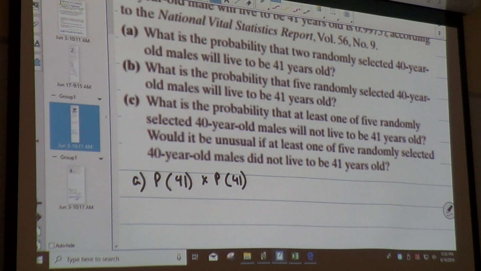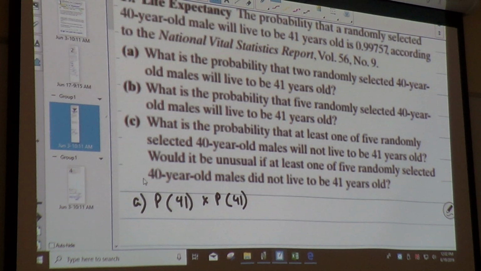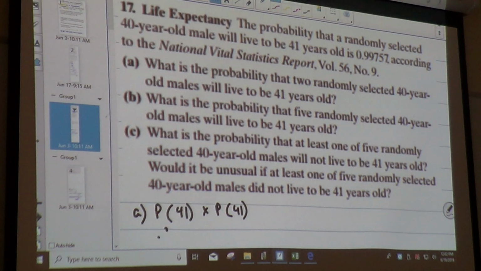So what's the probability that the first dude lives to 41? 0.99757. And what's the probability that the next dude lives to 41? 0.99757. Now let me see what that answer is. 0.99515.